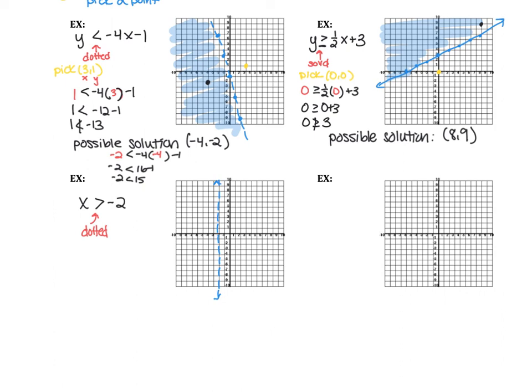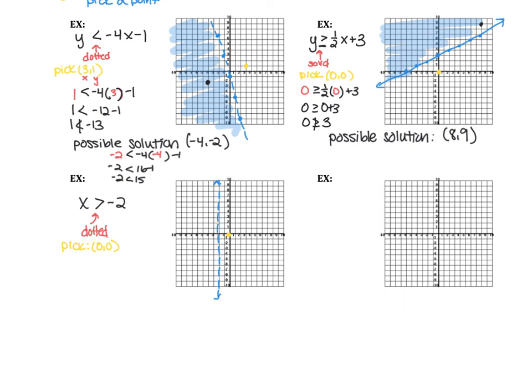So that means that I have two regions for my solution. And you can see these ones pretty easily. Either all my solutions are going to be to the right of the line in this case, or all of my solutions are going to be to the left of the line. Okay, so to determine this, let's pick a point. I'm probably going to stick with 0, 0, just because it's a nice, easy point.